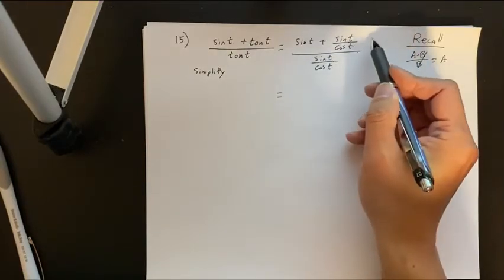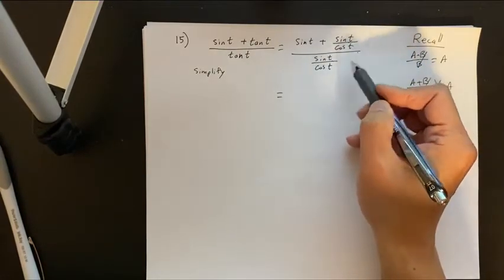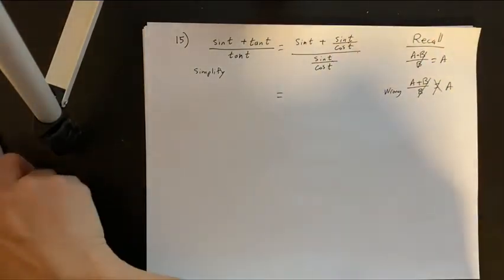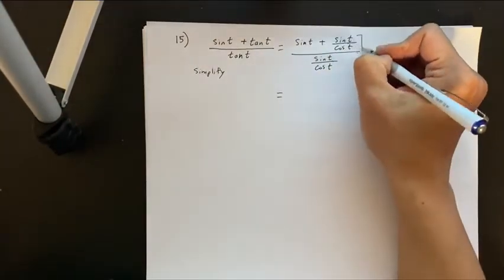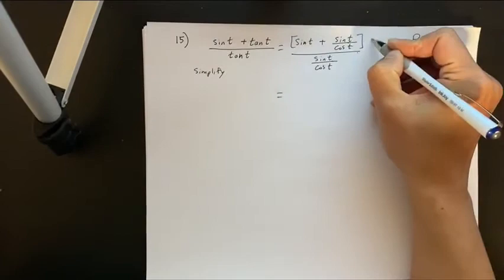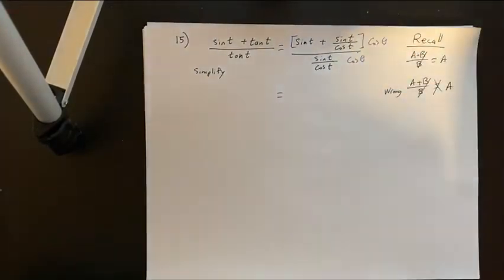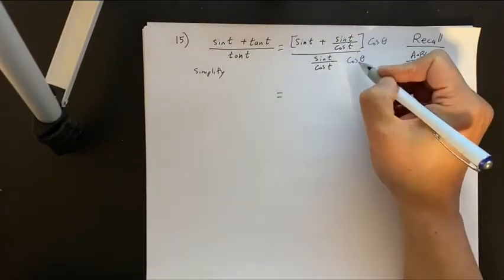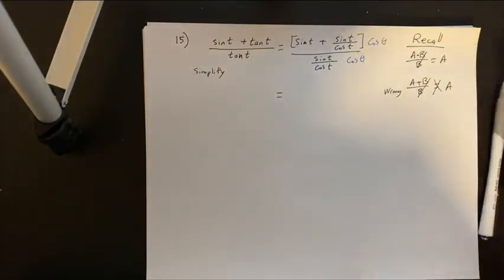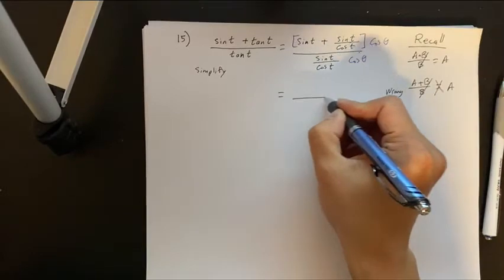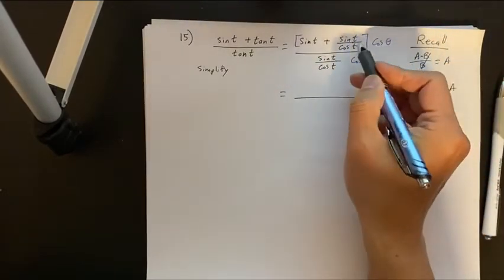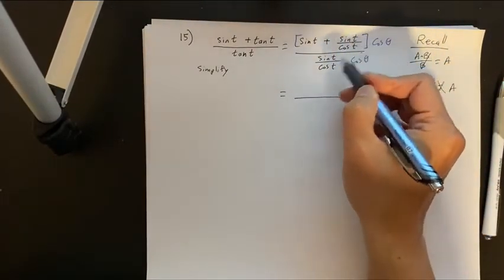So actually multiplying by cosine on top and bottom is a really good idea. So we're going to multiply top and bottom by cosine. If you multiply top by cosine, multiply bottom by cosine, that is really going to resolve this complex fraction issue.